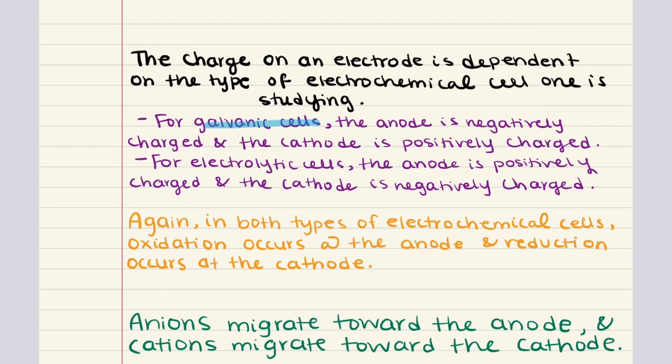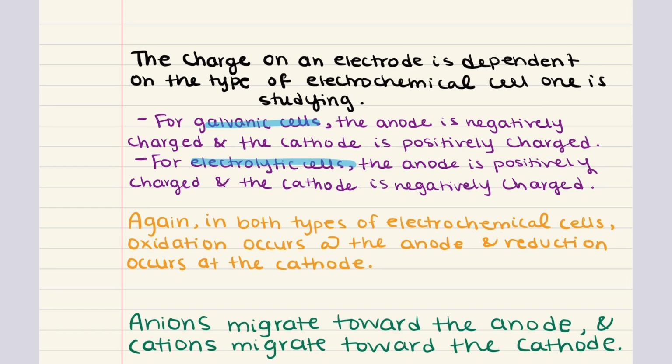In a galvanic cell, also known as a voltaic cell, the anode is negatively charged because it serves as the source of electrons that move through the external circuit. The cathode, on the other hand, is positively charged because it attracts these electrons.